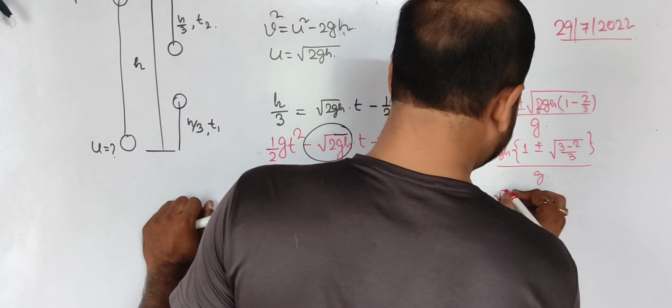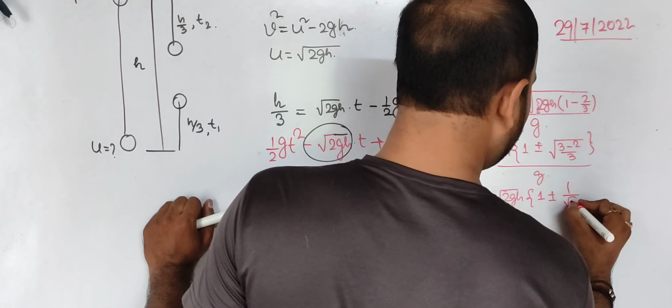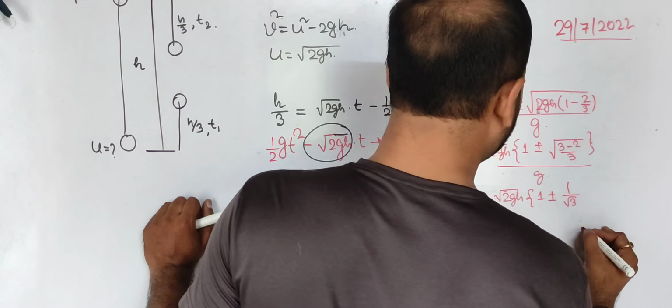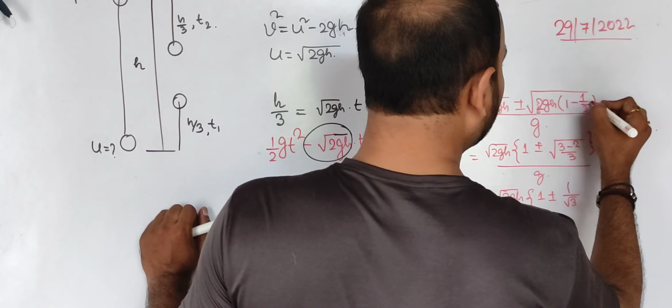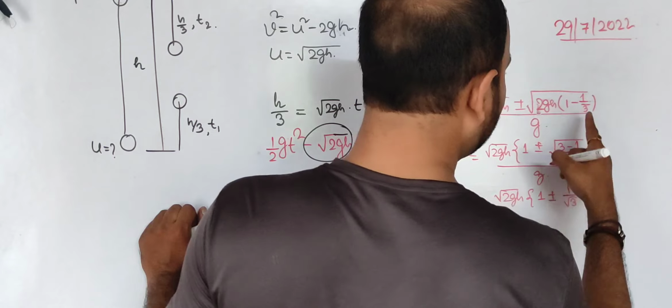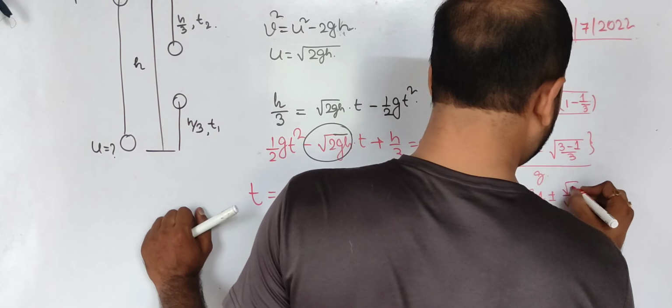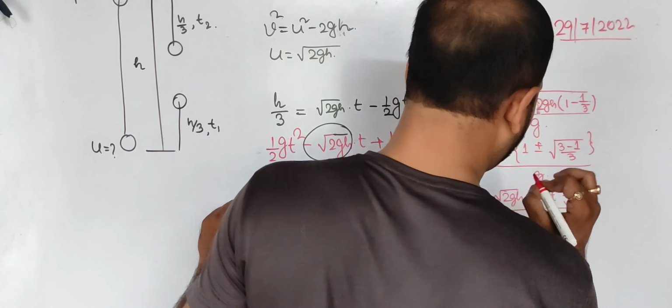Root 2gh, 1 plus and minus 1 by root 3. I have made a mistake. Here it will be 1, that will be 2 by root 3, root 2 by root 3 g.